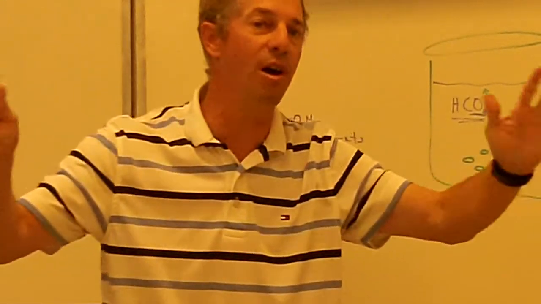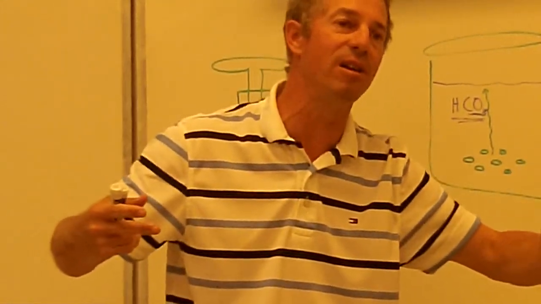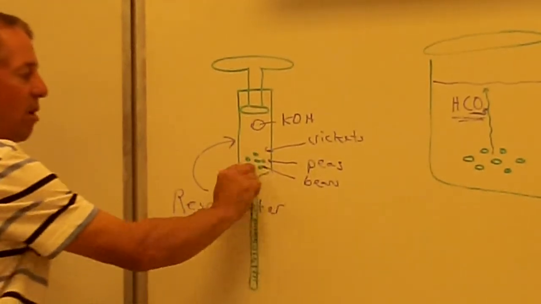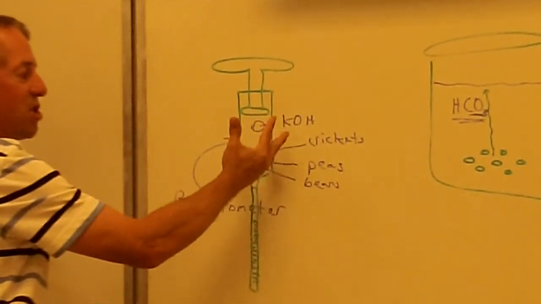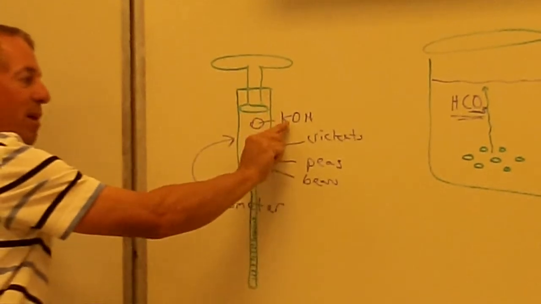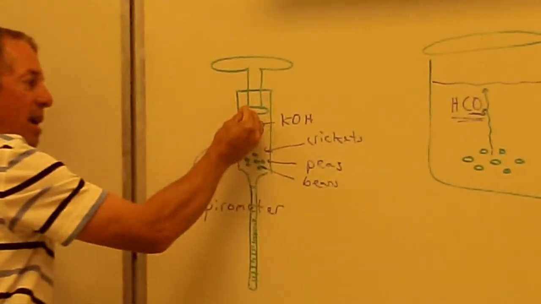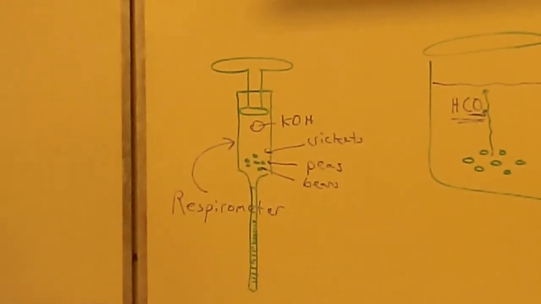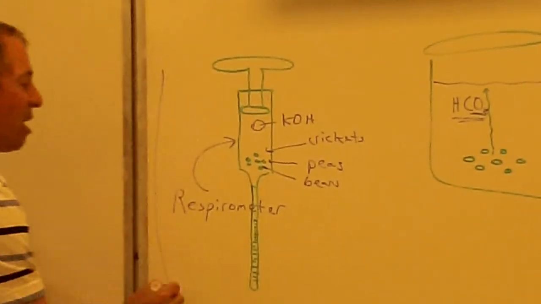So think about this. Y'all didn't do this, but you should be able to see what's going on here. If the little peas or crickets or beans are doing respiration and producing CO2, taking in oxygen, but the KOH is absorbing the CO2, what would happen if we took this whole contraption and put it under water?